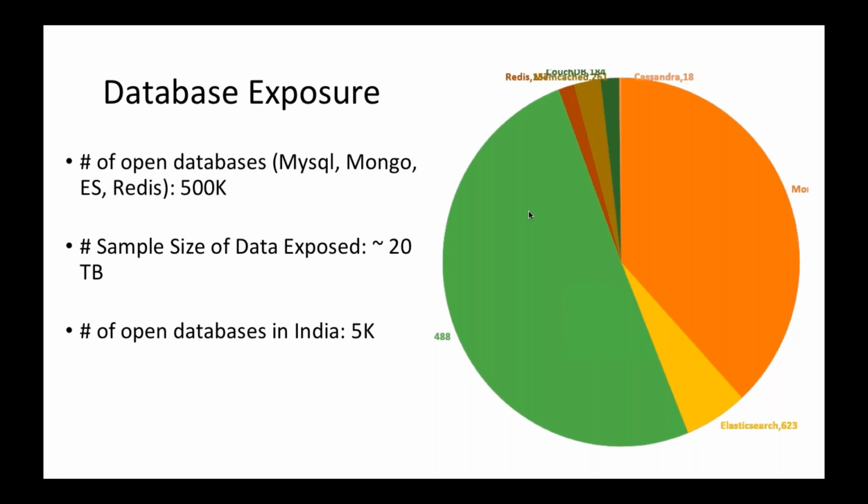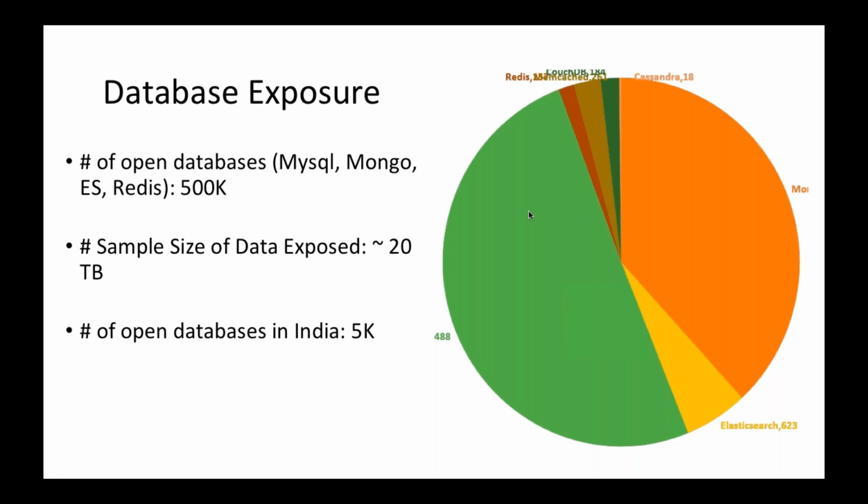For example, one of the most common database exposures we find, and by database exposure we mean a database without any password or with default passwords, making it very easily accessible or misconfigured, so hackers can access it very easily. We have found around 5,000 such open databases in India and some 500,000 across the globe.